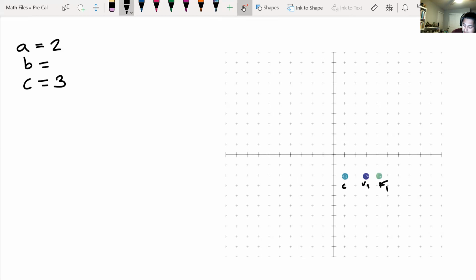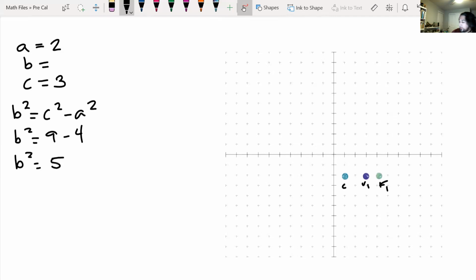And in order to find B, we'll use the Pythagorean theorem: B squared equals C squared minus A squared, which gives me B squared equals 9 minus 4, B squared equals 5, and B is the square root of 5, which was what, like 2.1?